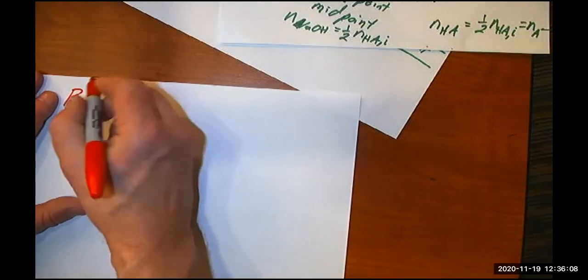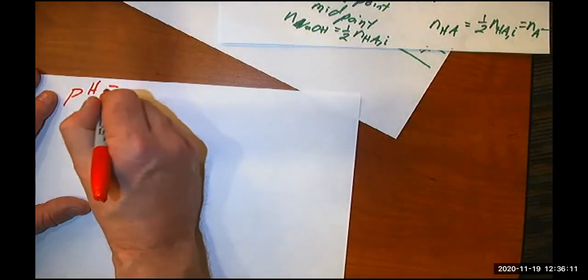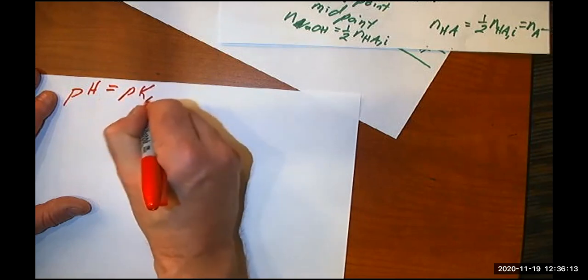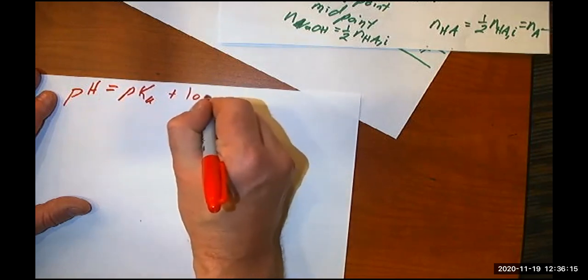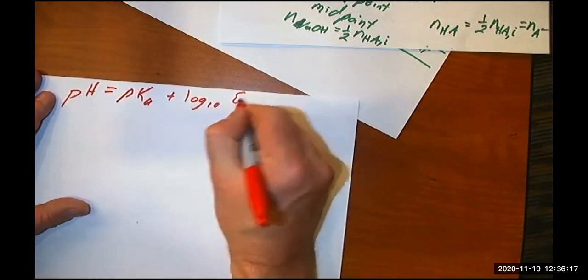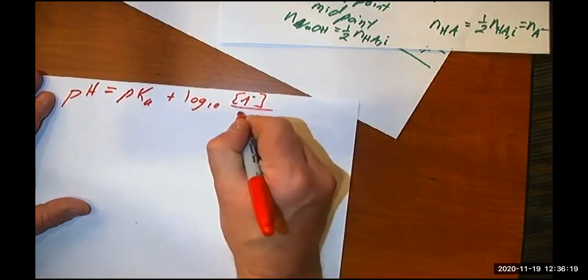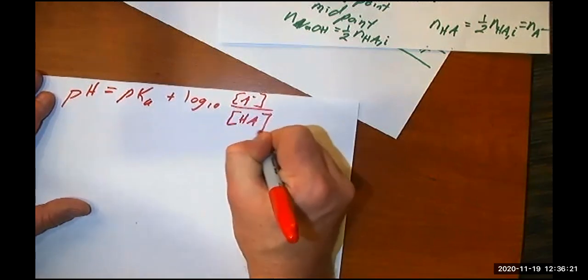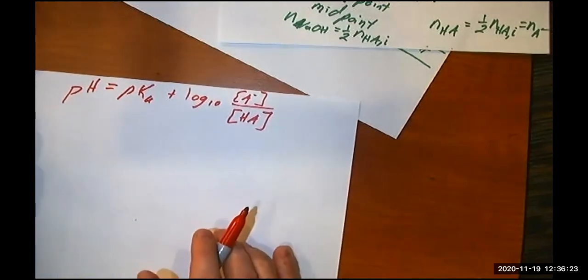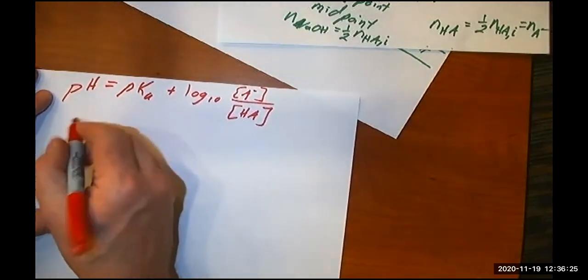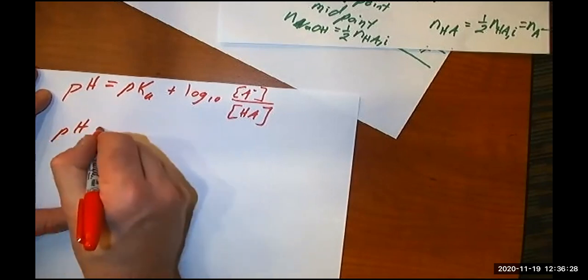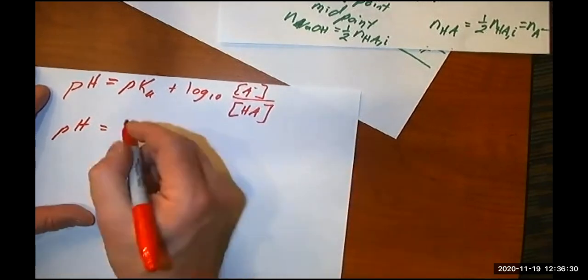I've written this about 4 times already, but it's good to write it enough that it's sort of second nature. So let's suppose we want to have a buffer where the pH equals, actually let me call up a list of pKa values.